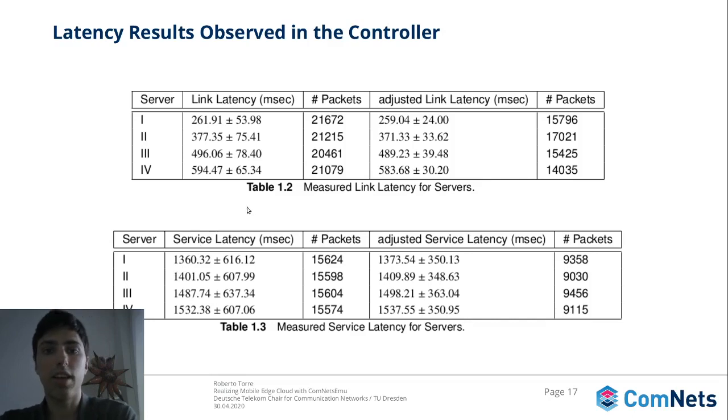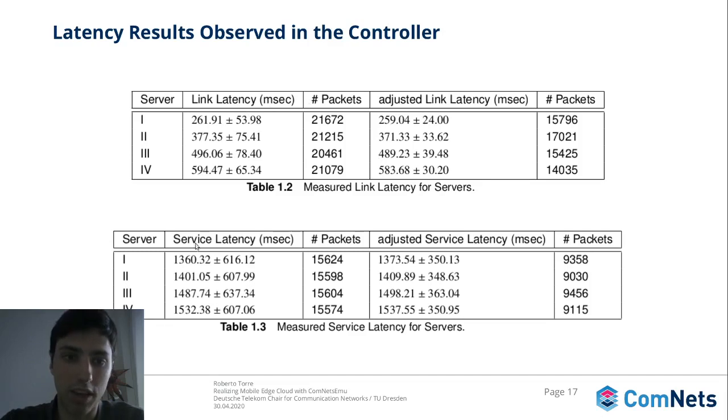It's important to say that this is like an adjusted link latency, because there were some outliers that we just removed. What we did was we took the distribution of the link latency, and we took the standard deviation, which is this one, and so we removed the values that were outliers.